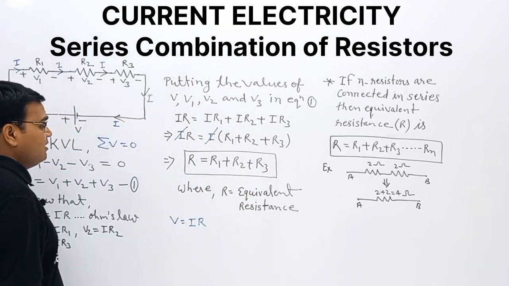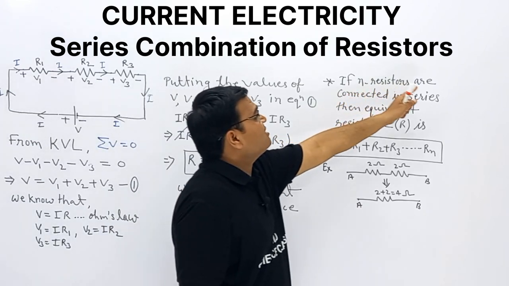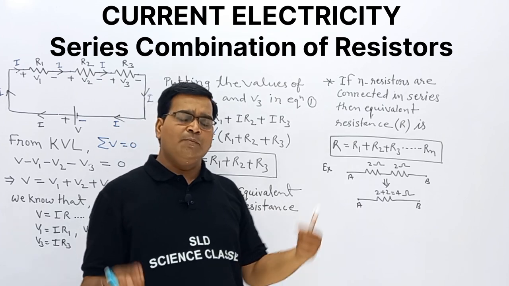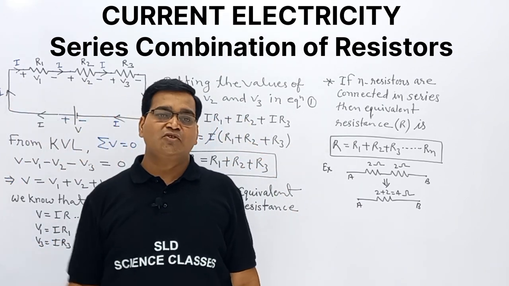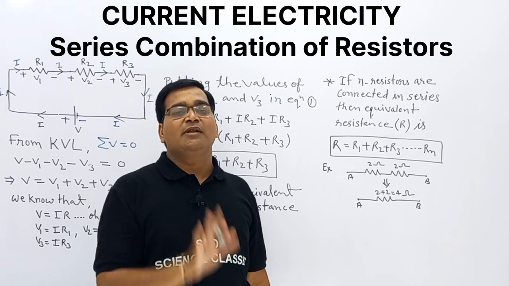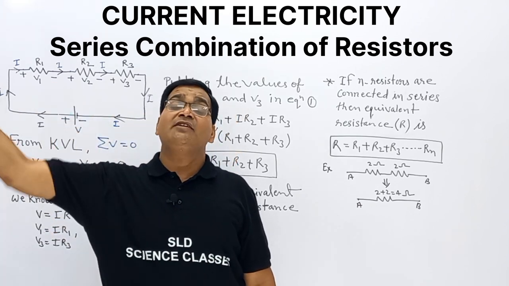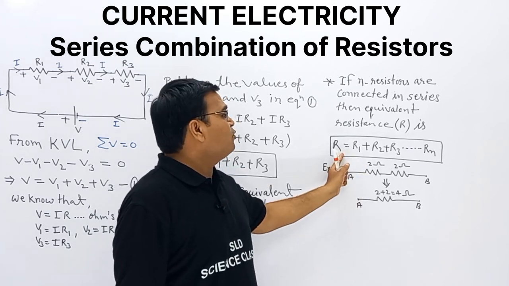R equal to the equivalent resistance. Now if n resistors are connected in series, how do we find the equivalent resistance? Simple. If 5 resistors are in series, the sum of all 5 resistance values will be the equivalent resistance. If 10 resistors are connected in series, the sum of all 10 resistor values will be the equivalent resistance.